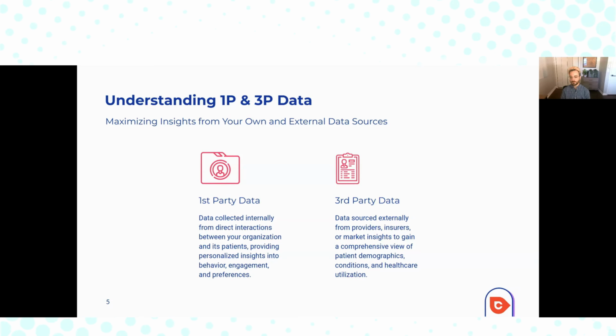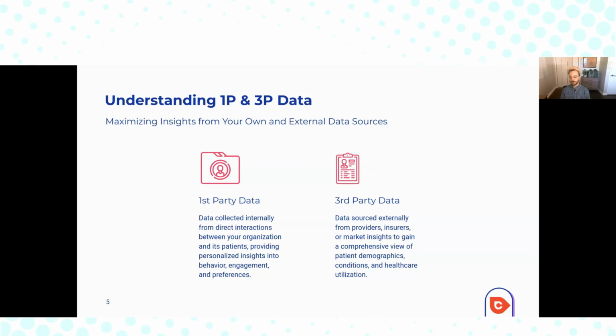So, any first-party data that you're collecting through marketing or just through your internal operations. And then when we're talking about third-party data, we're talking about data from other sources outside of your own, things like provider data sources, insurers, or market research, as an example. So that's just to define these 2 things that we're going to be talking about a lot today.